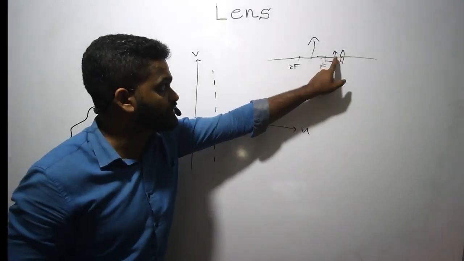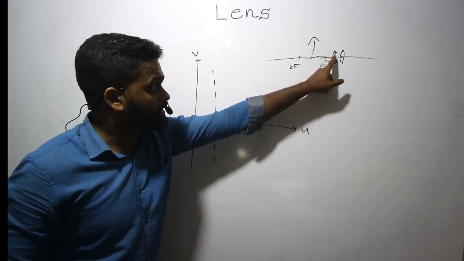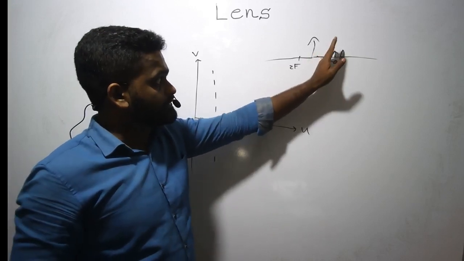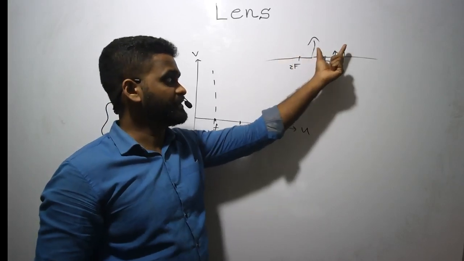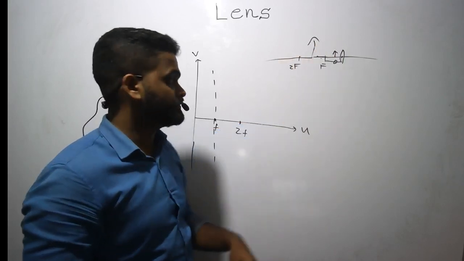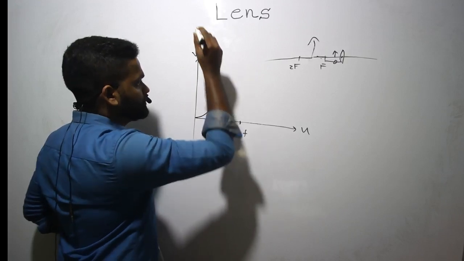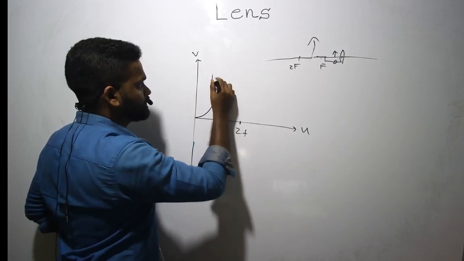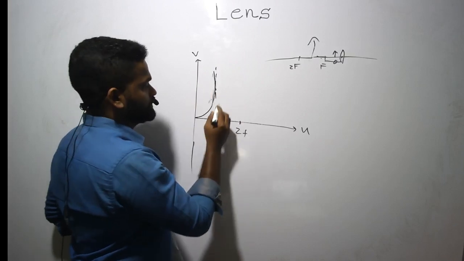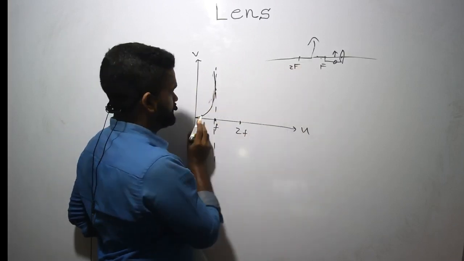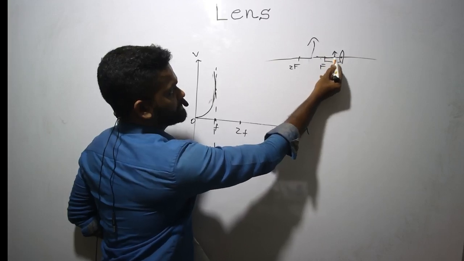Meaning when you place the object between lens and f, the image is always formed in front of the lens. So the graph would be like this, only in the positive range.